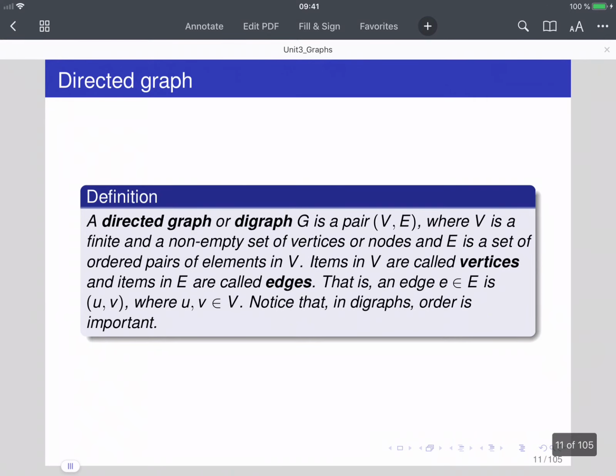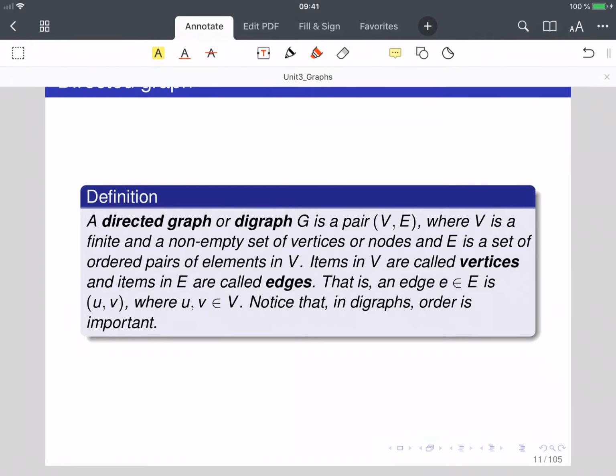Okay, so the other definition that we are going to work with mainly is what we call a directed graph, or D-graph, okay, which is also a pair of vertices and edges, but now the difference is that we have an order in the connection.